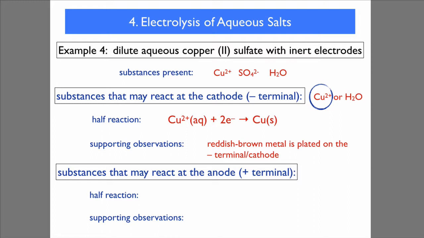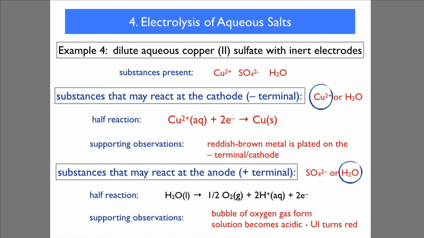You get a reddish brown metal which plates the cathode. And will it be the sulfate or will it be the water discharging at the anode? It's going to be the water. And so we're going to get the oxygen formed and an acidic solution.